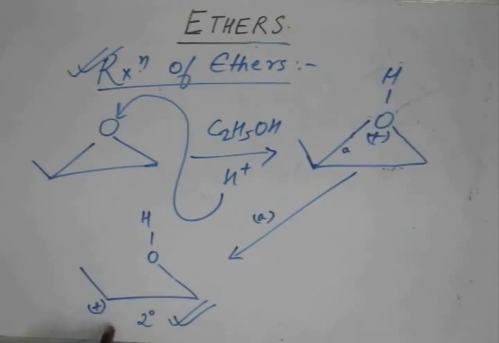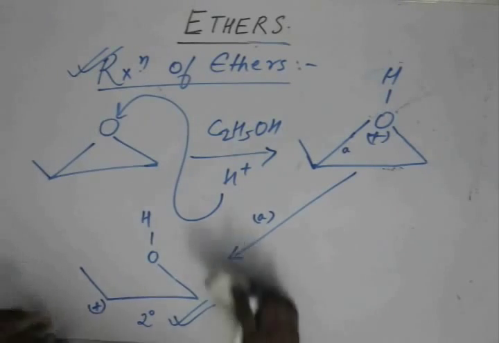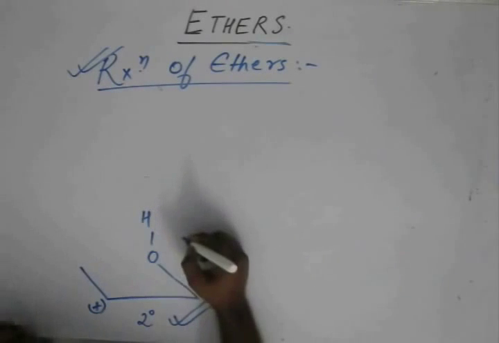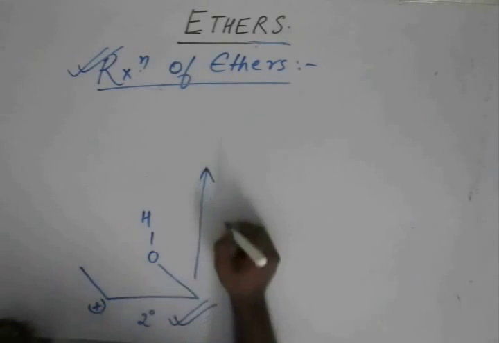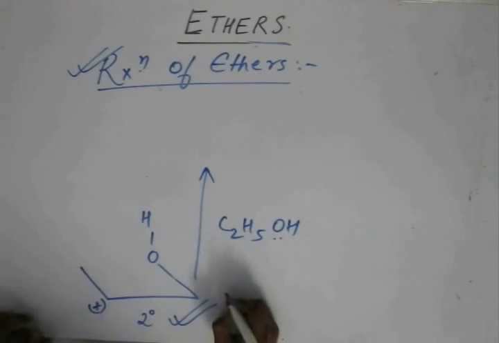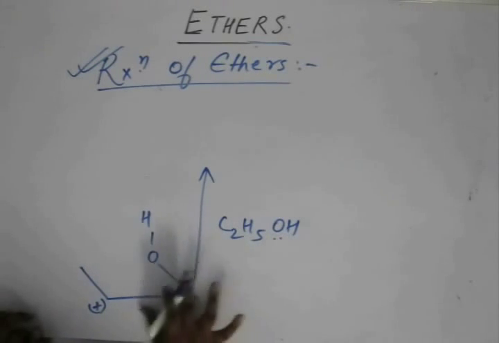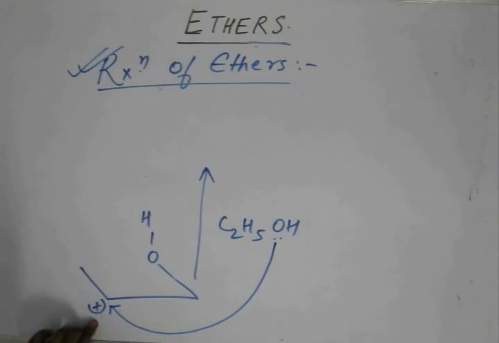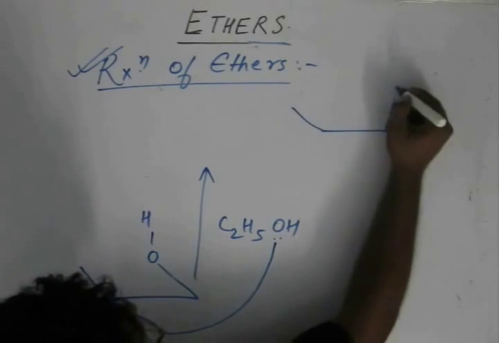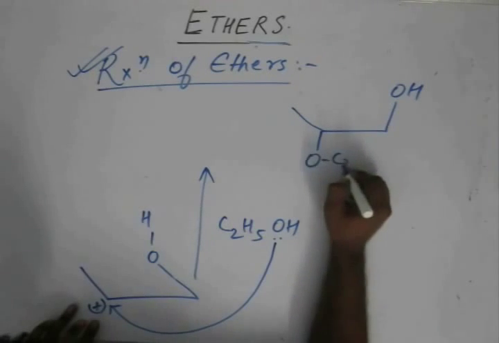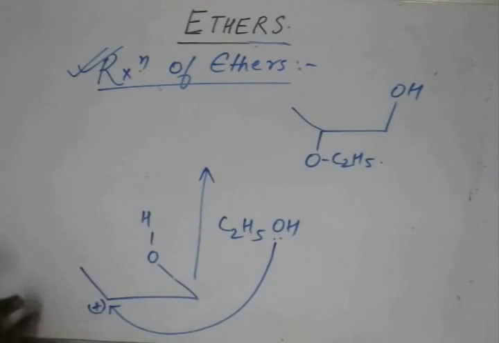Alright, so we have this carbocation. Now again, I'm rubbing off the initial part of the question. Now we have C2H5OH with us. Alright, now this attacks at this plus charged carbon, the carbocation. So we are left with O C2H5.